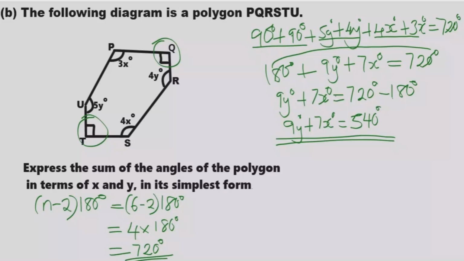So that is the answer. Don't stress yourself to make it go further down. If you divide 7 into 540, it might not go. 9 will go into 540, but the factors won't be the same. So for us to simplify this further, we would need a common factor of all three terms. If we don't have one, we leave it there. So that is the answer the examiner expects from you.